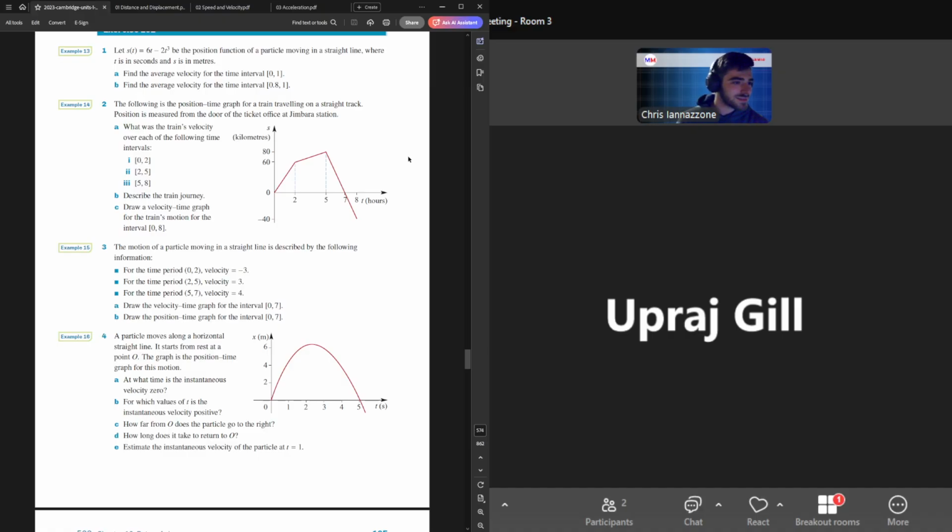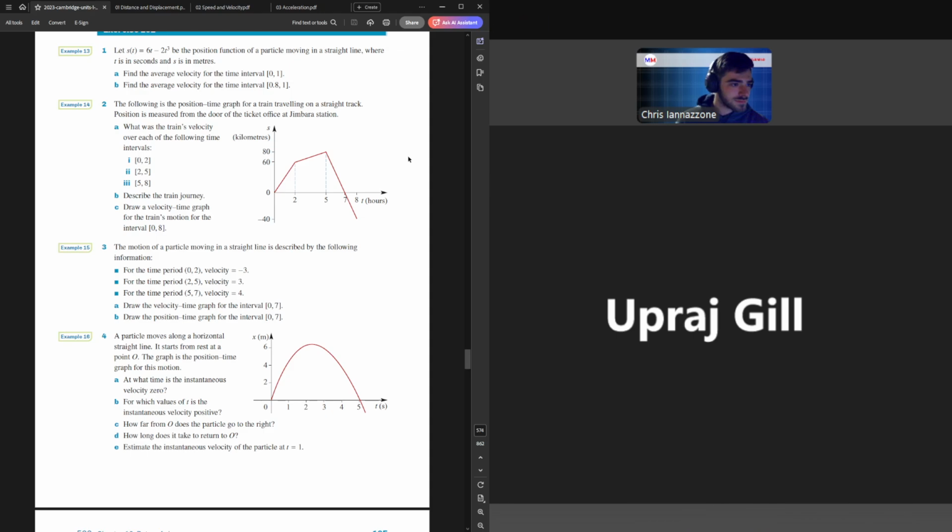When it goes back down after t is equal to 5, would you say it's towards the door of the ticket office or towards the origin? I would have written towards the origin. Saying door of the ticket office is definitely more specific and won't ever be a bad thing. It can only ever be better than saying origin, because you're being more specific.